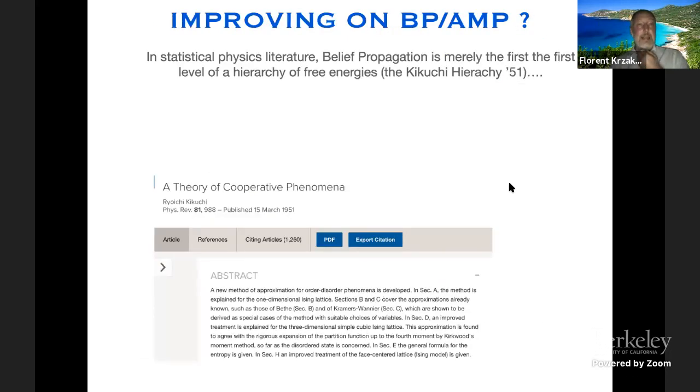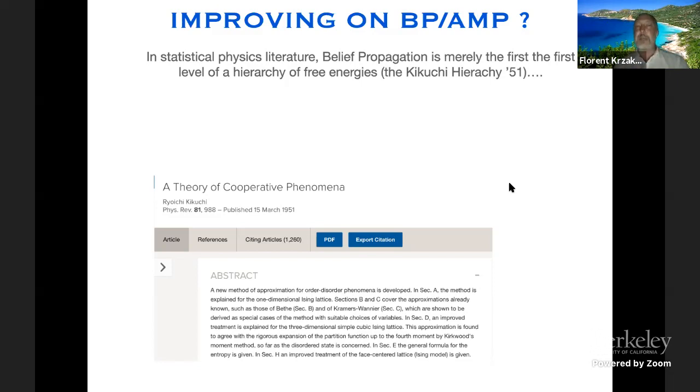Now, why? Because belief propagation is only the first step of a full hierarchy of approximations. You start with mean field, then you have BP, and then you have many more things. It turns out that in all the problems we are looking at in general, this hierarchy stops after BP. So you stop at order 2 and BP is fine.